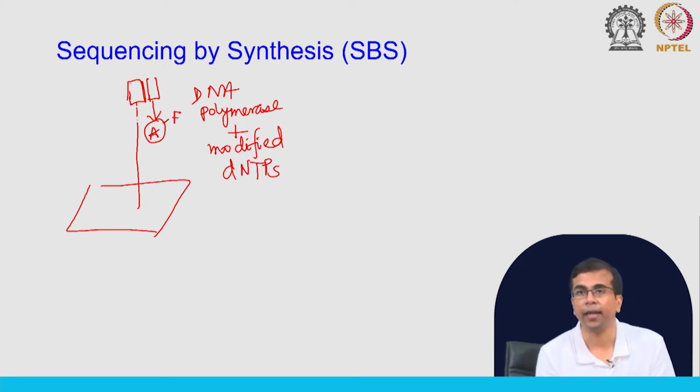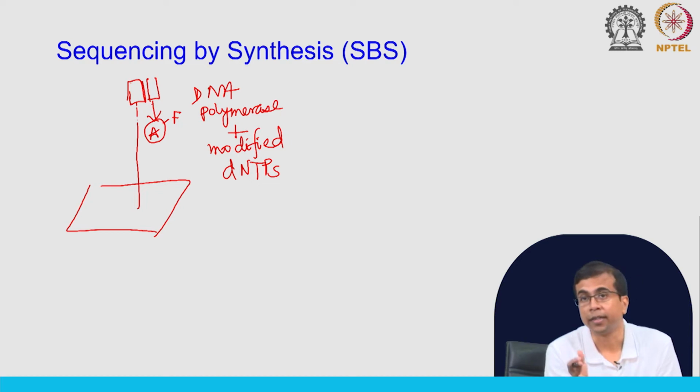Once this base A is added, the synthesis process will stop. We are using these modified dNTPs only, no normal dNTP. So, the synthesis process will stop, but there is a fluorescent signal which will be detected by the detector, and this will identify that there is an addition of A. So, the sequence then reads as A.